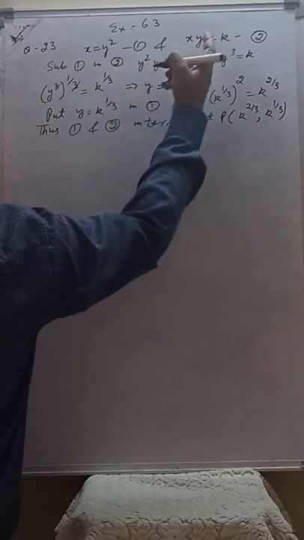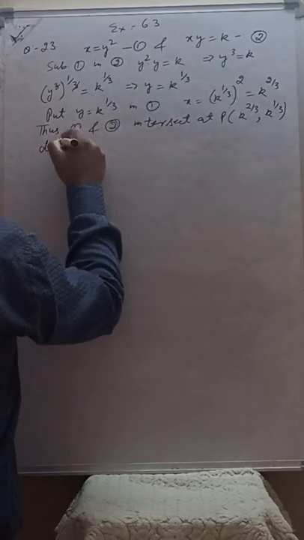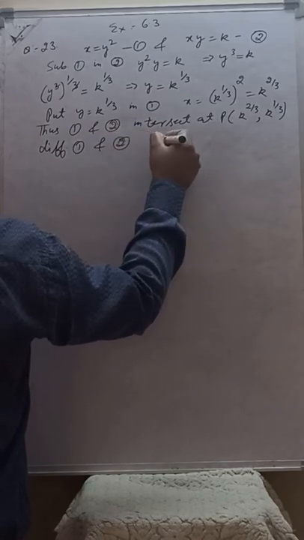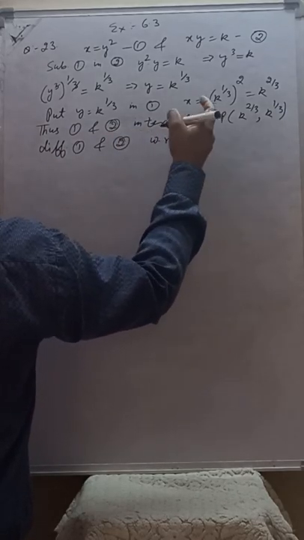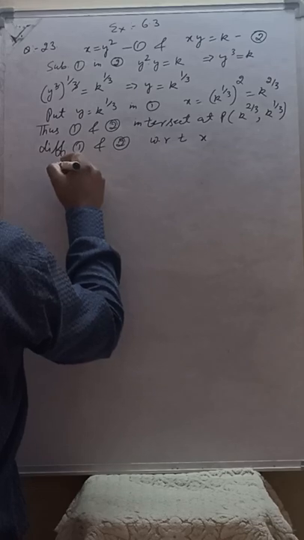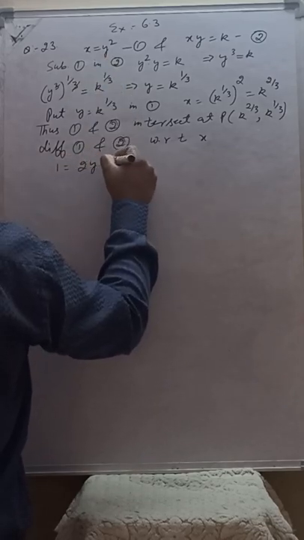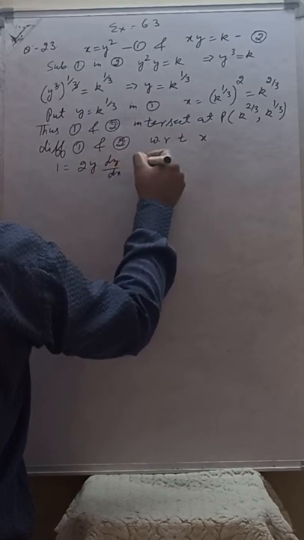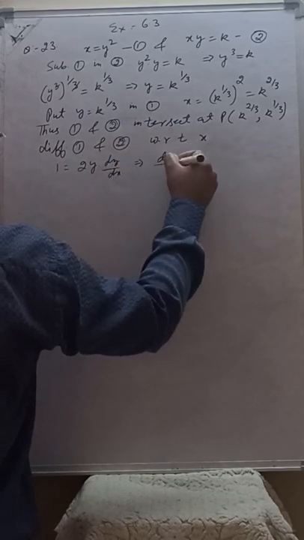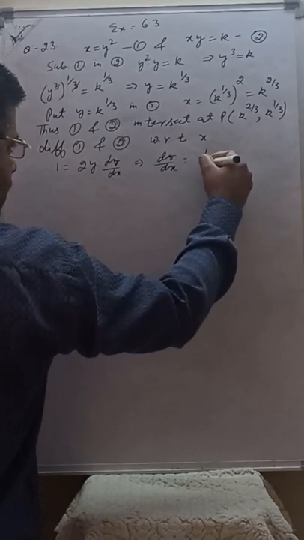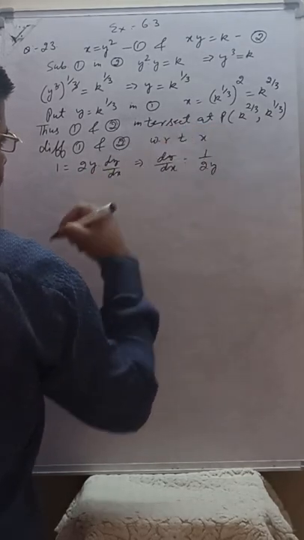Now we will have to differentiate 1 and 2 with respect to x. If you differentiate 1, the derivative of x is 1, and the derivative of y² will be 2y into dy/dx. This implies we have to find dy/dx. This 2y will go in the denominator and we will get 1 upon 2y.